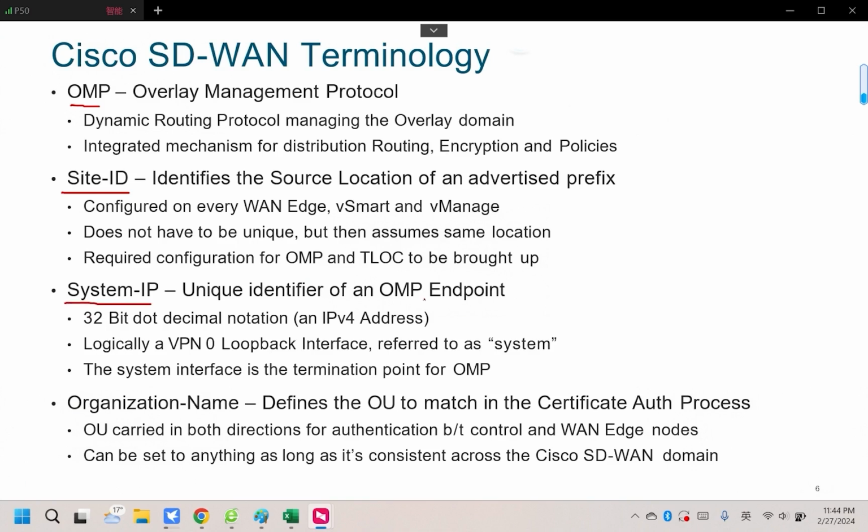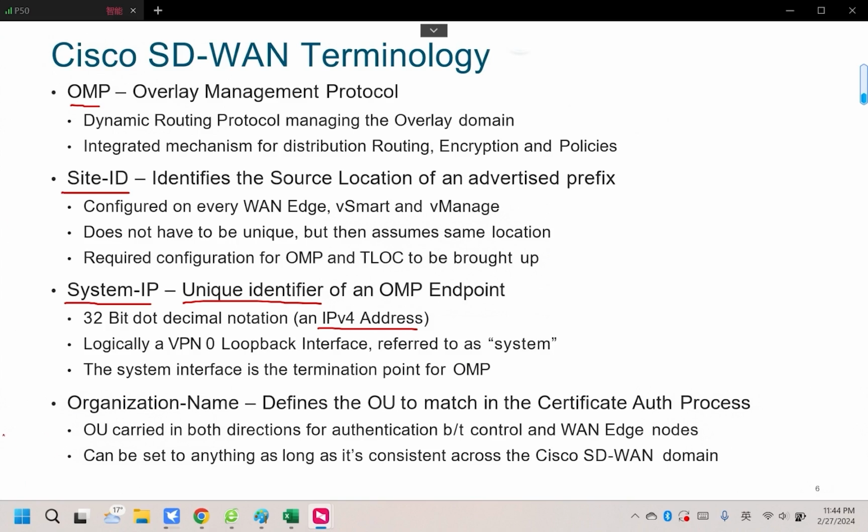In the past, when configuring traditional protocols, we would give it a router ID. Actually, system IP is similar to this. It's somewhat similar to a router's ID. Please note, this ID must be unique in the SD-WAN domain. Its format is somewhat like an IPv4 address, but it is not an IPv4 address. It does not participate in routing. This is important to note about the system IP.